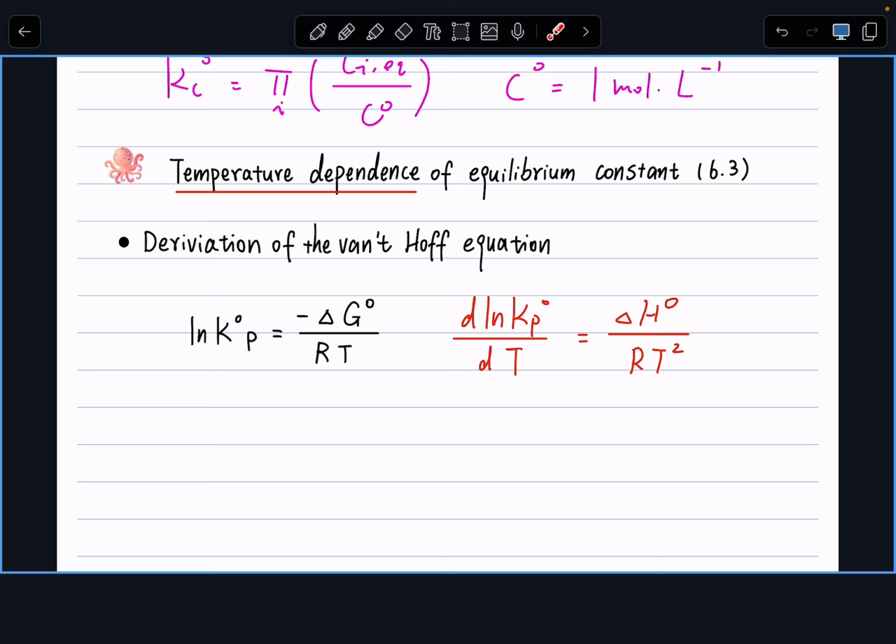So we can calculate delta H naught of the reaction. Or vice versa, once I establish that relationship, at a new temperature I can use that delta H to go back and estimate what the equilibrium constant is at a different temperature.